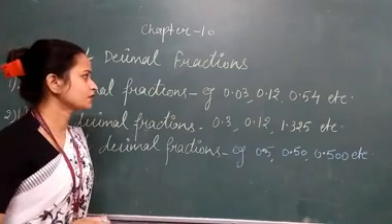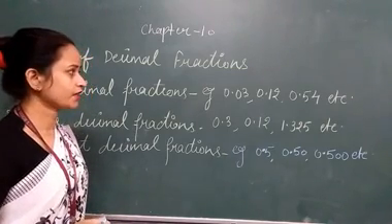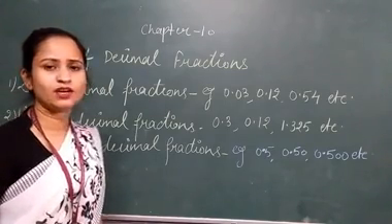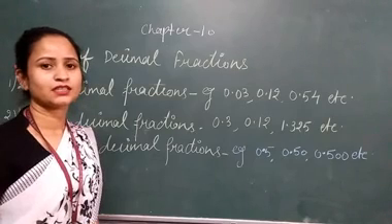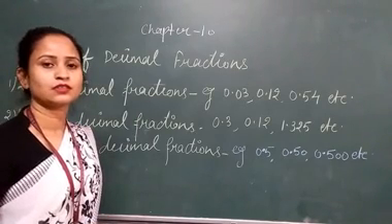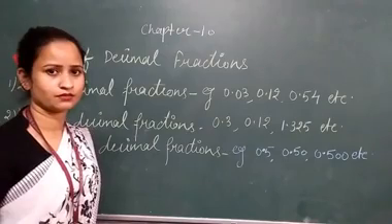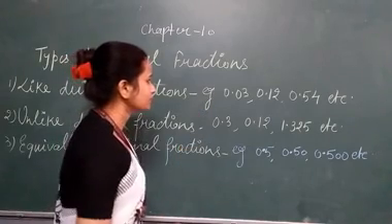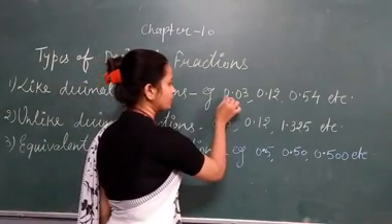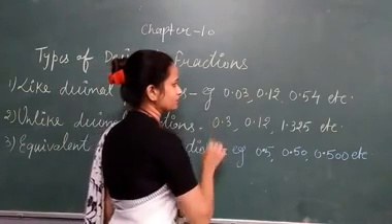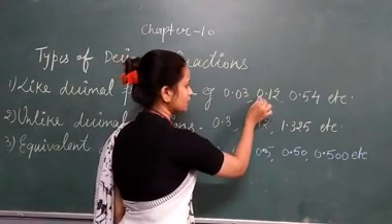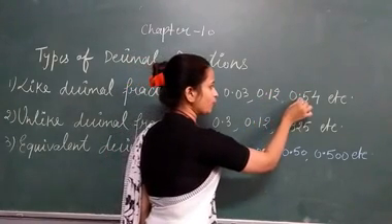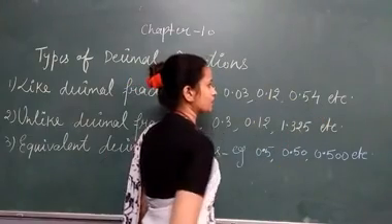If 2 decimal fractions are having an equal number of decimal places, they are called like decimal fractions. Okay. For example, 0.03, 0.12, 0.54 and so on.